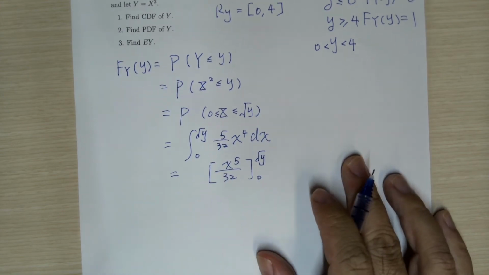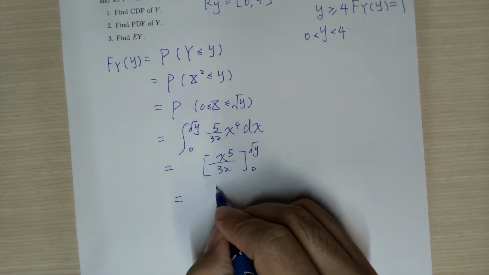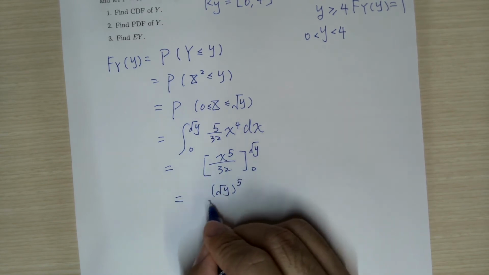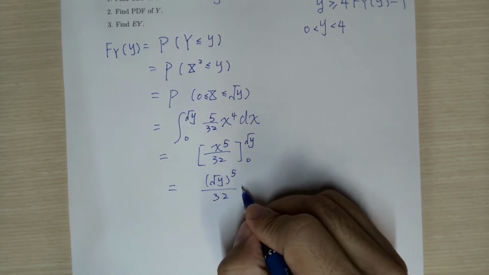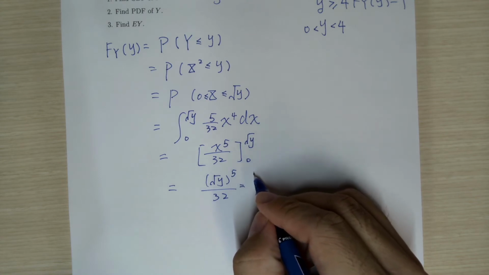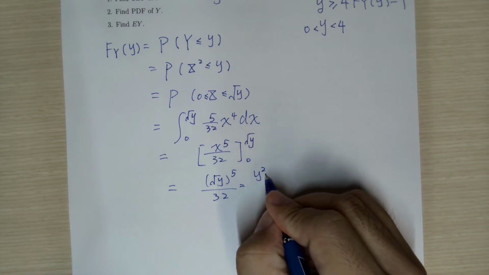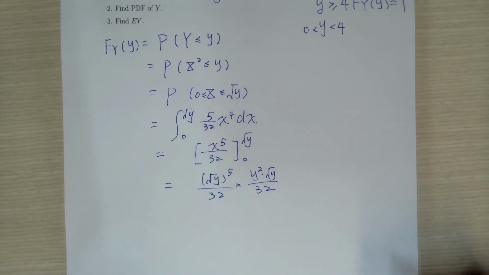So we get square root of y to the power 5 over 32, or you can write it as y squared times square root of y over 32.